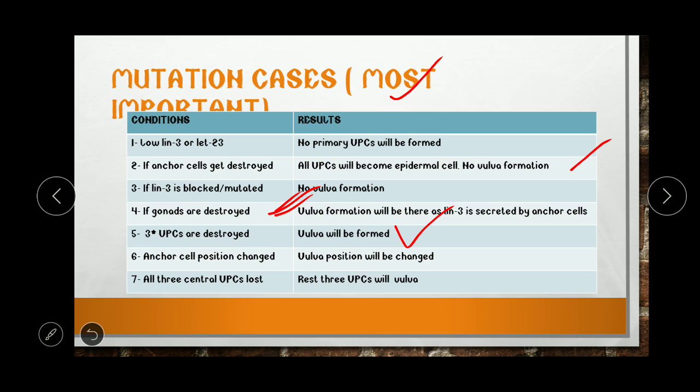And if all three central VPCs are lost, that is, your P5P, P6P and P7P are lost, then the remaining 3 VPCs, that is P3, P4 and P8P, will form the vulva. So mutation cases are always important, you must remember this. Out of these, the fourth one is very important, and the 7th one is very important. So the 4th and 7th are important.